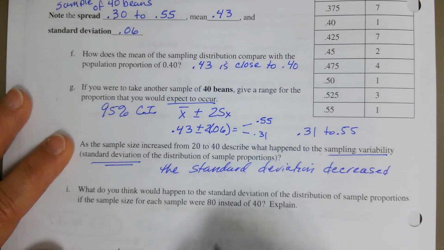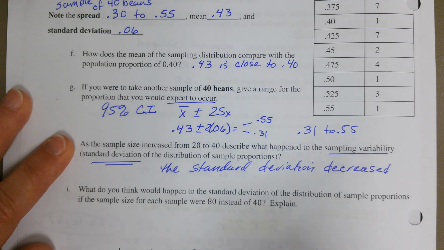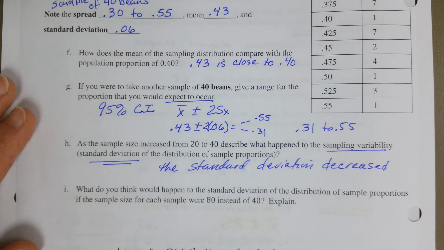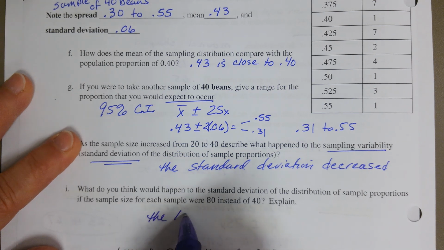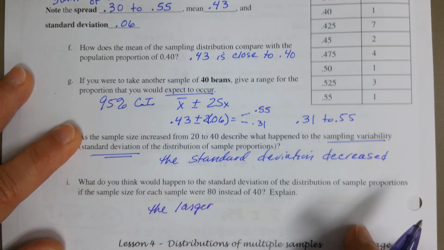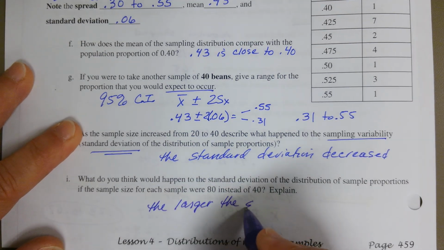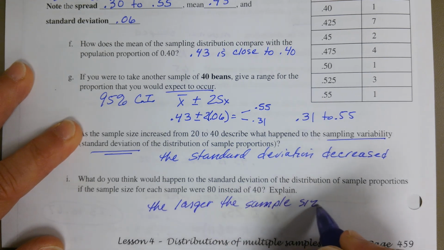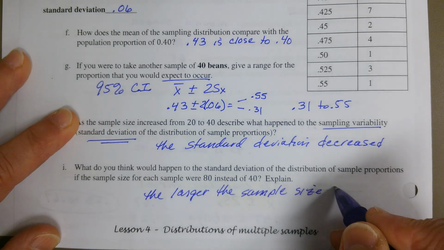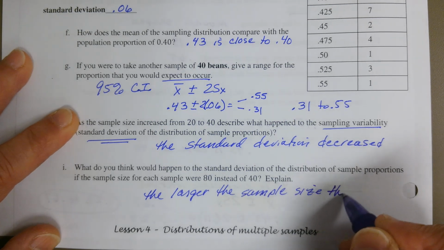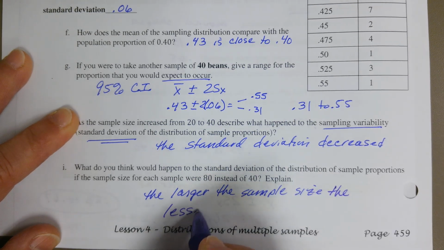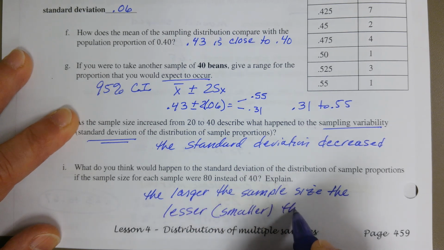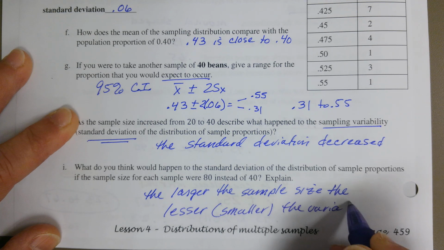The larger the sample size, the smaller or the narrower the variability. The larger the sample size, the lesser the variability.